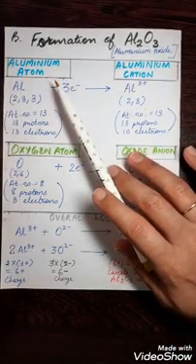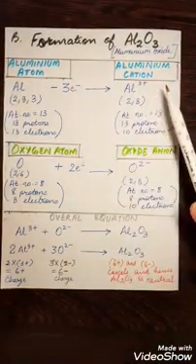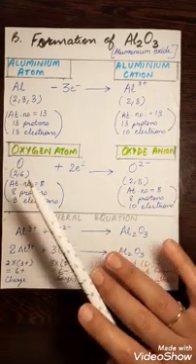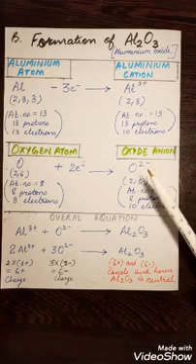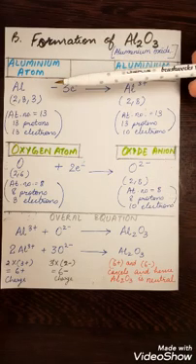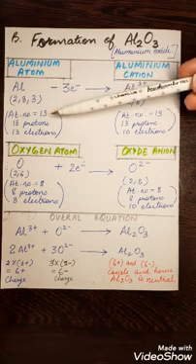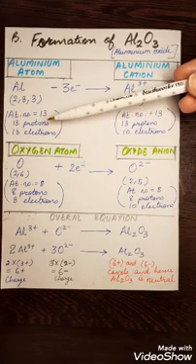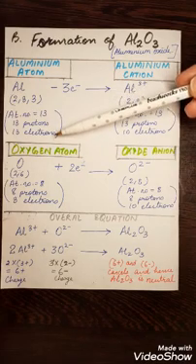Okay, aluminium atom turning into aluminium cation or a positive charged ion, oxygen atom turning into a negative ion, that is an oxide anion. Aluminium atom has the atomic number 13. Number of protons equals the number of electrons, so 13 protons and 13 electrons.